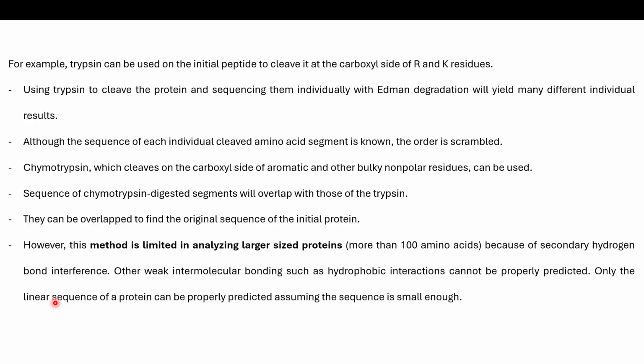So only the linear sequence of a protein can be properly predicted, assuming it is small enough to sequence within 100 amino acids, which is a pretty good number. Otherwise, sequencing really large protein sequences is a little tricky.